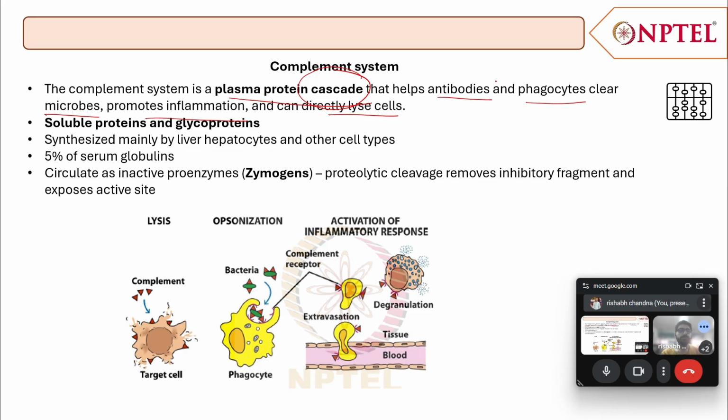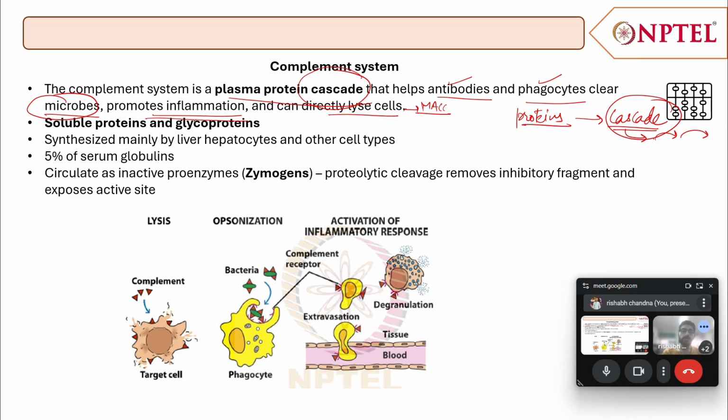What is a cascade? It is where one molecule activates the other, which activates the other. Likewise, this is a cascade. They help the antibodies and phagocytes to clear out the microbes, promote inflammation, and can directly lyse the cell by forming the membrane attack complex.